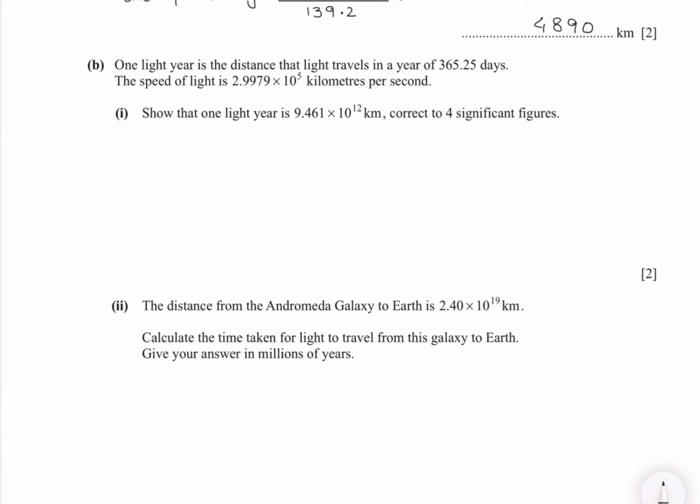1 light year is the distance that light travels in a year, 365.25 days. The speed of light is this much kilometer per second. Show that 1 light year is so much kilometer, correct to 4SF. Alright, so speed equals distance divided by time. Distance is speed into time.